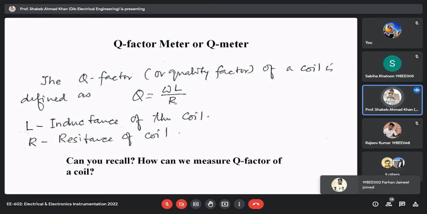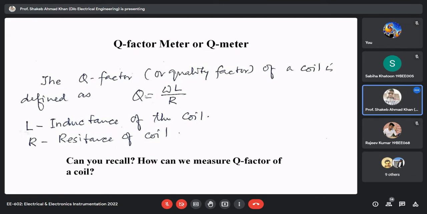So at a given frequency, if your inductor is good, then obviously your numerator value will be higher and your resistance value, the denominator value, will be lower, and then you will have the higher value of the Q factor, and we'll say that this inductor coil is having more inductance at a given frequency, obviously.